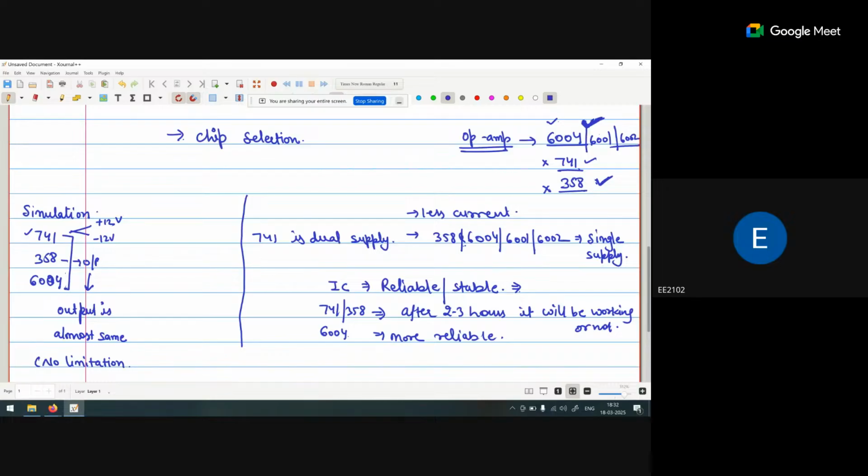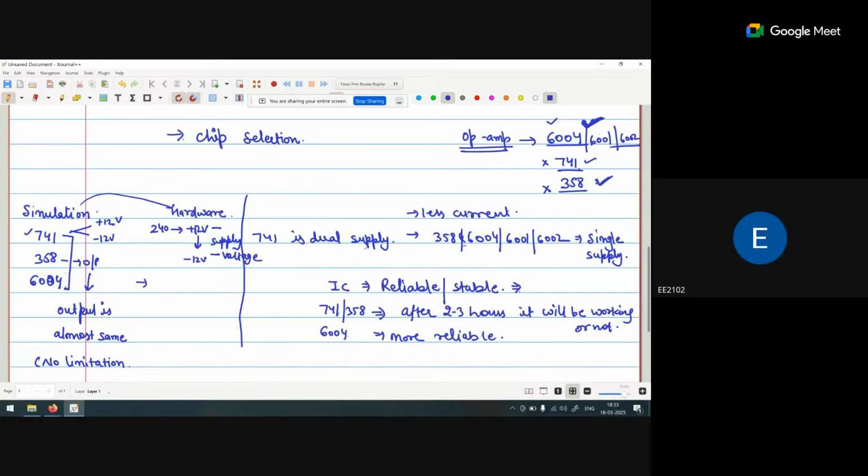But when we go with the hardware implementation, we have to convert 240 volt into 12 volt. Now with the 12 volt, we also generate a minus 12 volt and use this as the supply voltage. So this is the limitation.